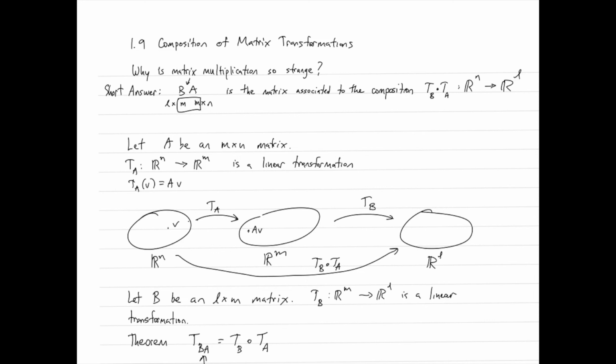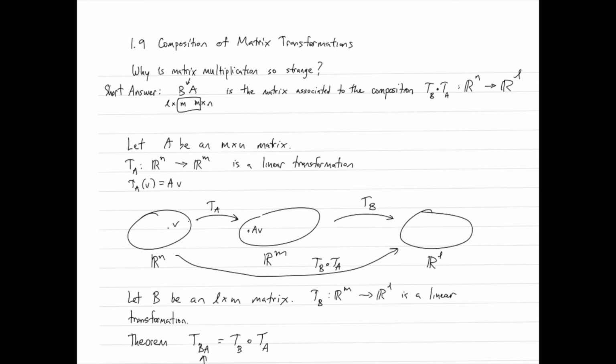Okay, so again here, A is an m by n matrix, and that means that we have this linear transformation T sub A defined by left multiplication by A, and it takes a vector that has n entries. So v is an n by 1 column vector, and when you multiply on the left by A, you get an m by 1 column vector, so an element of Rm, an m-tuple of numbers.